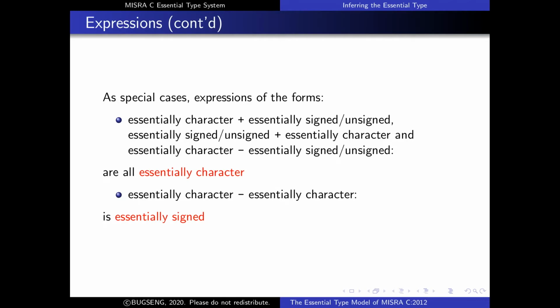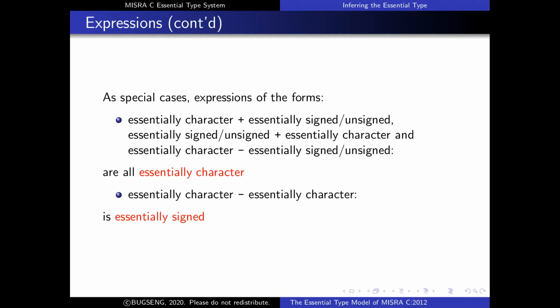And why this? Because it is idiomatic to use addition of integers, for example, to convert lowercase characters to uppercase characters, and the other way around. And similarly, if you take an essentially character and you compute the subtraction with another essentially character, then the result is essentially signed.